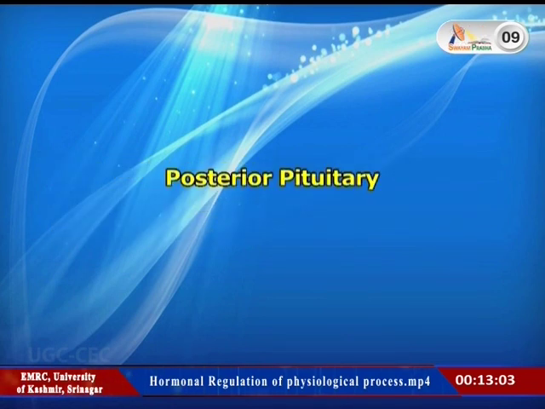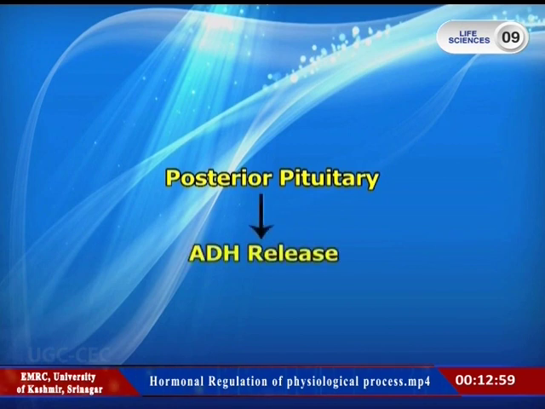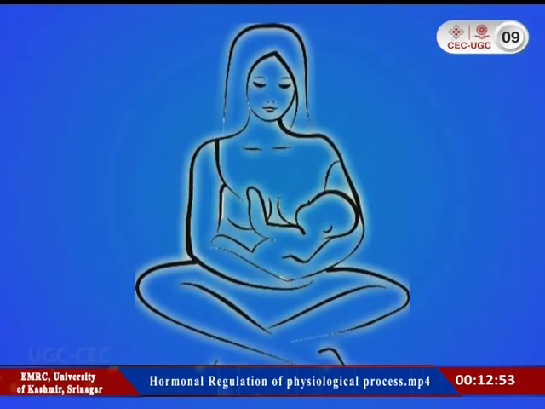Once plasma osmolality is returned to normal, a negative feedback mechanism inhibits further ADH release. Only a few positive feedback loops occur in the human endocrine system. One such example is the process of milk release from the mammary glands.